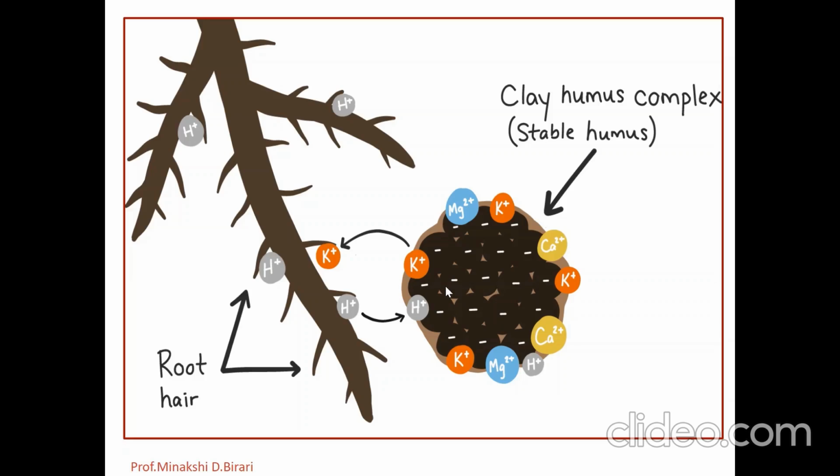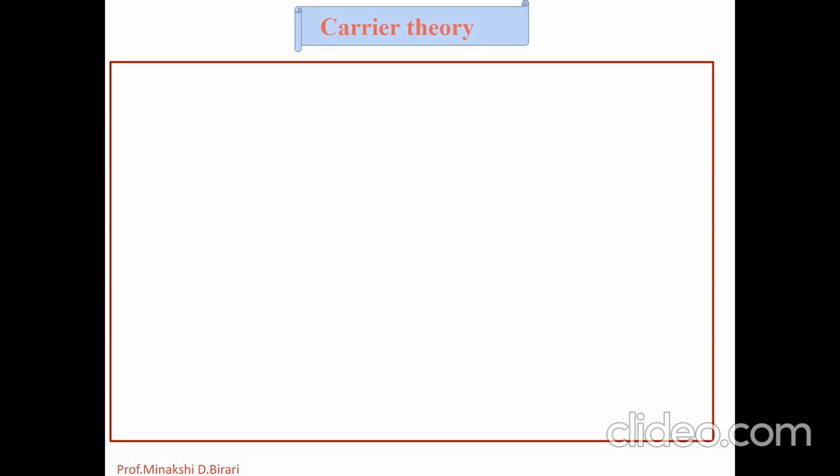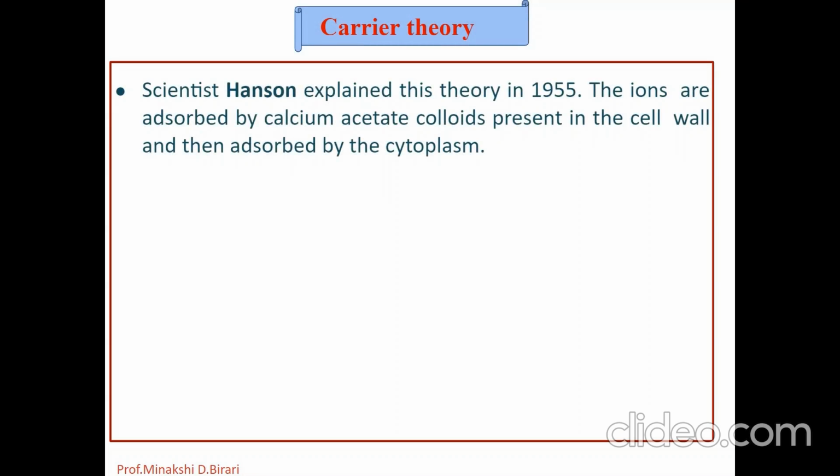How these adsorbed nutrients are taken up by the plant is well explained by the carrier hypothesis. So let us discuss the carrier hypothesis to explain the contact exchange theory. Scientist Hansen explained this theory in 1955.